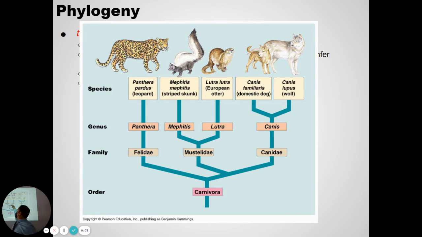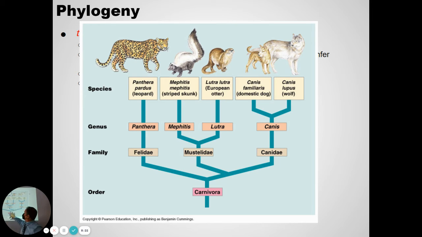Right, we have to go back to here to find the common ancestor of the otter and the skunk. To find the common ancestor of the leopard and the skunk, we have to go back farther in time. So we can see through these diagrams they all had a common ancestor at some point in the past.